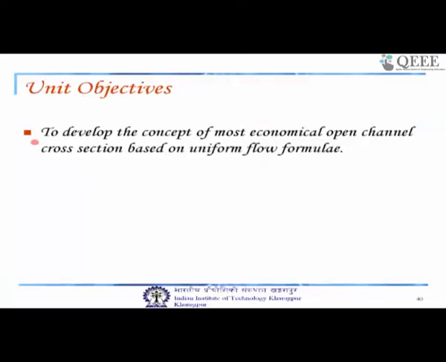One objective is written here: to develop the concept of most economical open channel cross section based on the uniform flow formula. So, this term uniform flow is important. In our lecture 1 we have only considered flow, but whether it is uniform or non-uniform, that we have not discussed.